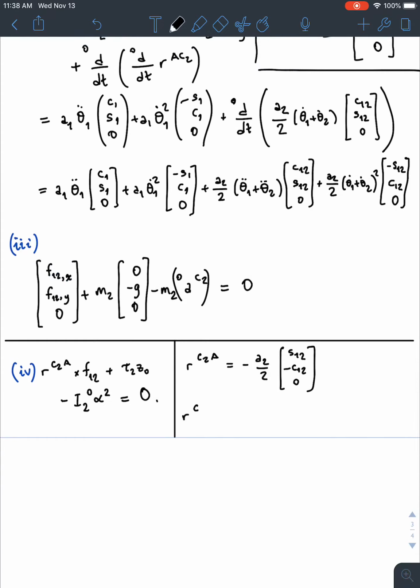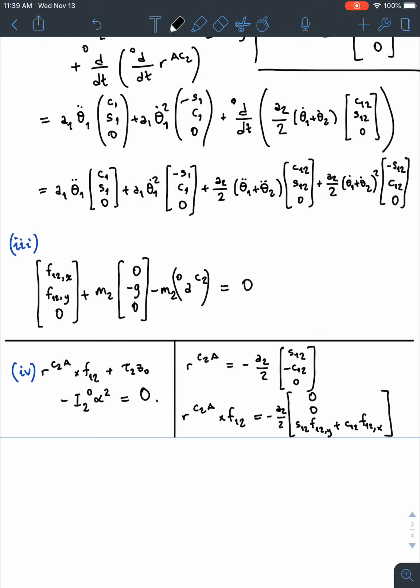Hence I have RC2A cross F12. What does that look like? Well, it looks like 0, 0, and then this cross F12, which gives you minus a2 over 2 times sine theta 12 f12y plus cosine theta 12 f12x.